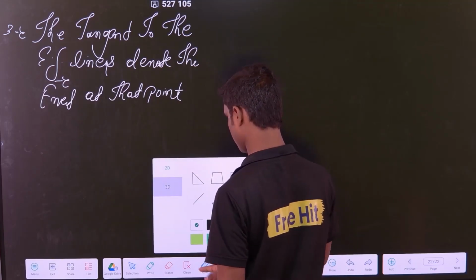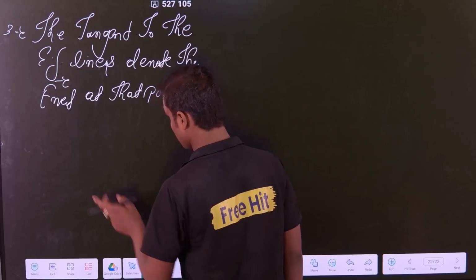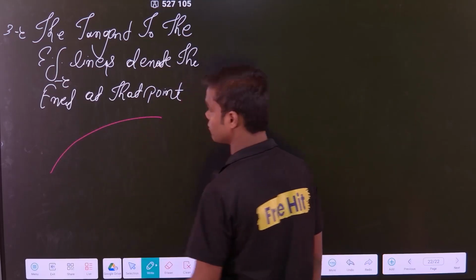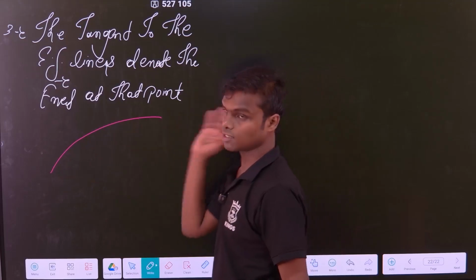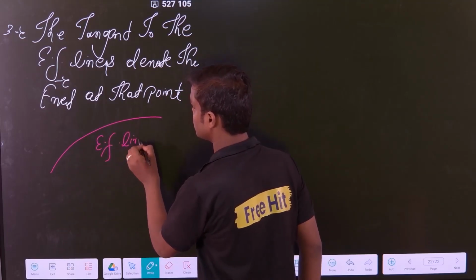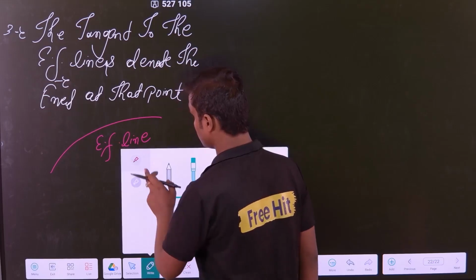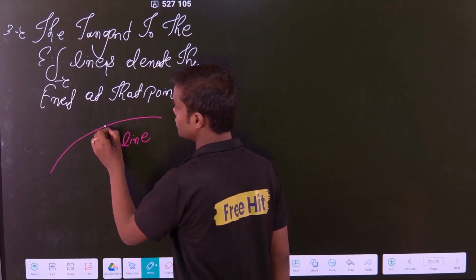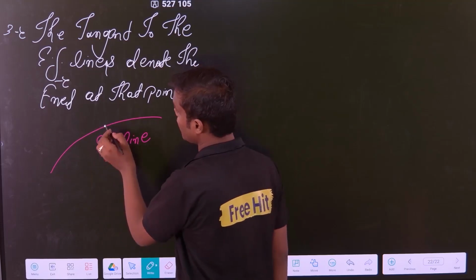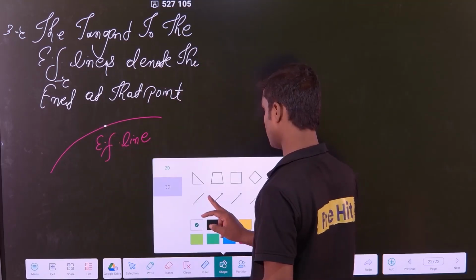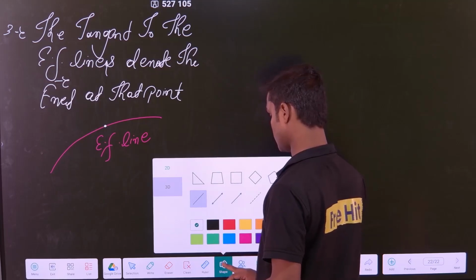Suppose we have a curve. This is my electric field line. Suppose I want to find the field at this point. So what I have to do is, at that point I have to draw the tangent.